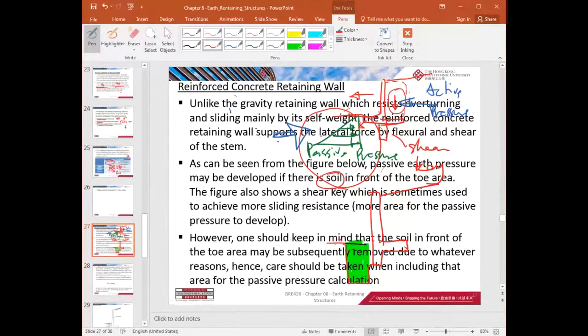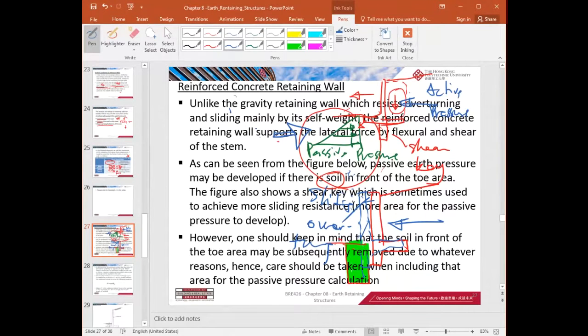So this wall, under the horizontal force, will go either sliding or overturning, right? Overturning. So this wall will go out, right?